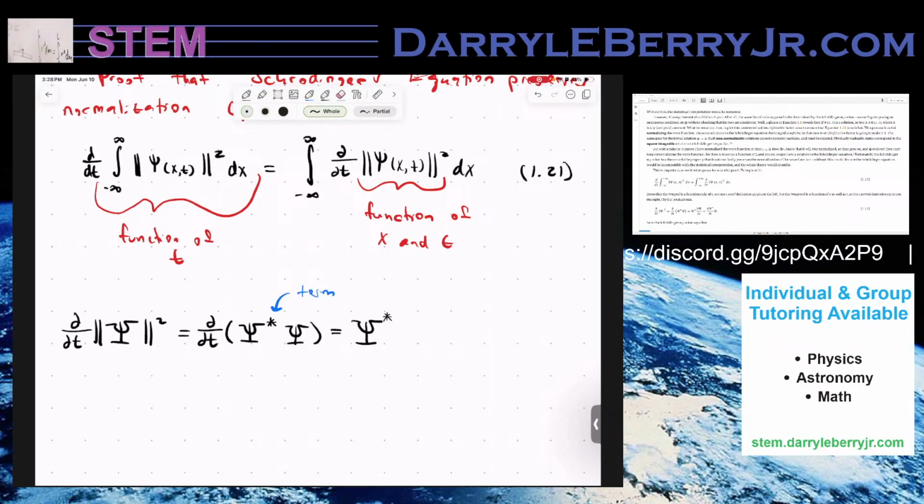The book left the one on the left alone first, so I have to take the partial derivative of the right one. And then we have plus, basically the product rule. Now I'll take the partial derivative of the left side, the one with the star on it, and then I'll leave the right one alone.